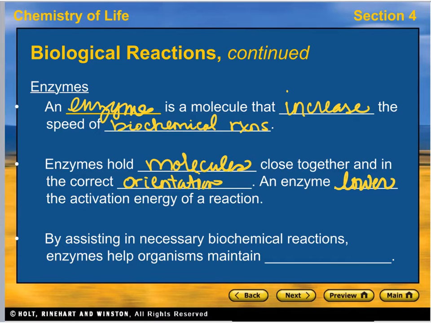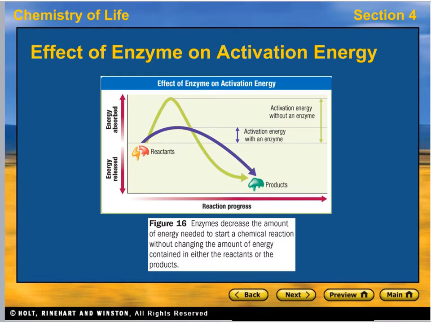By assisting in necessary biochemical reactions, enzymes are able to help organisms maintain homeostasis. And if you recall, homeostasis is kind of like maintaining that equilibrium. If we take a quick look at this chart, we can see, based on this green line, that this might be the typical activation energy for some type of reaction.